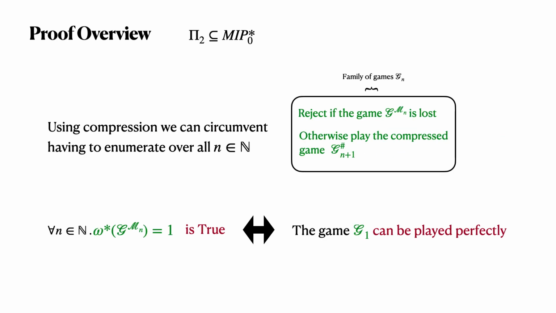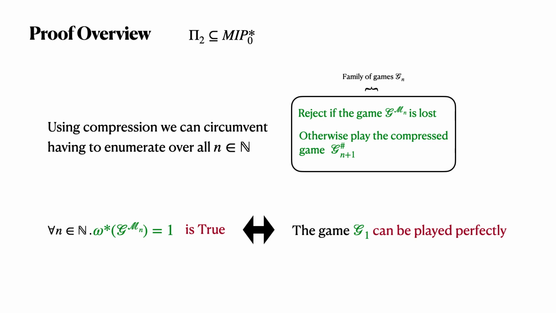The new formula that states that for all n, the value of GMn is 1 looks like a query formula. So we can eliminate the for all quantifier using the exact same idea we used to prove that query is contained in MIP zero. We construct a family of games Gn, one for each n. The verifier in game Gn first invokes the halting game GMn.